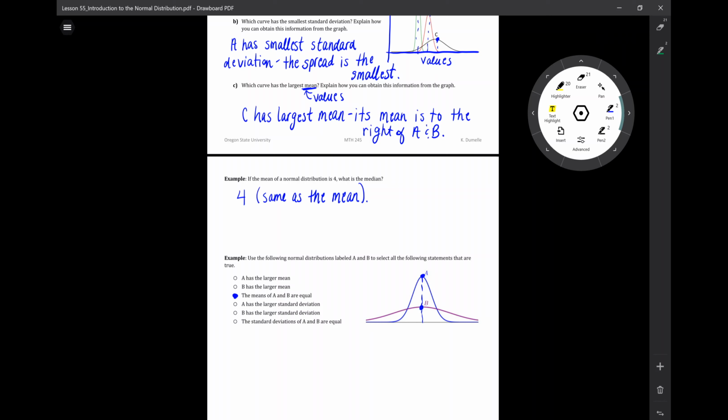And what about the standard deviation? I see that A's spread is relatively small, right? Most of the data around the mean of A seems to be clumped around the mean, but B's spread is larger because it's a little bit flatter. So the flatter a distribution is, the more spread out the data is. So that means that B has the larger standard deviation.